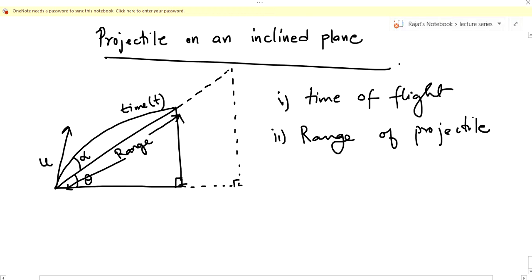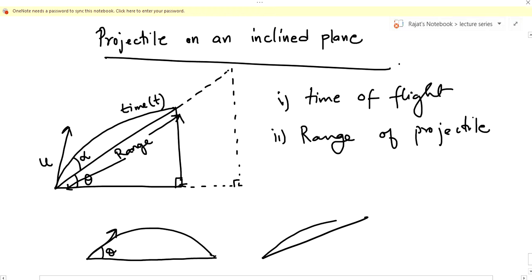You can see that at face value this does not look like a projectile, because we talked about a projectile motion which starts from the ground and the ball returns finally to the ground. But here it's a totally different situation. You are throwing a projectile up an inclined plane.